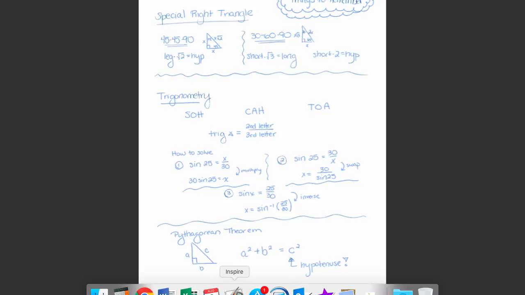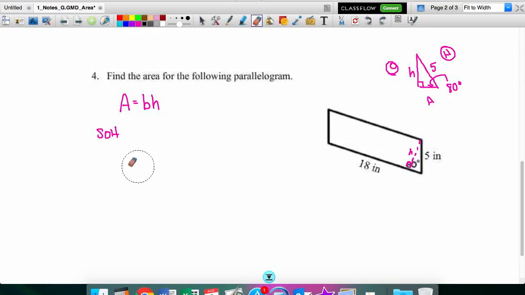So the trig function in SO would be our S, sine, of the reference angle, in this case 80 degrees, is equal to the second letter over the third. In SO, that would be O over H. Our O is actually our H, the height, and our H, our hypotenuse, is actually 5. So this is our equation.